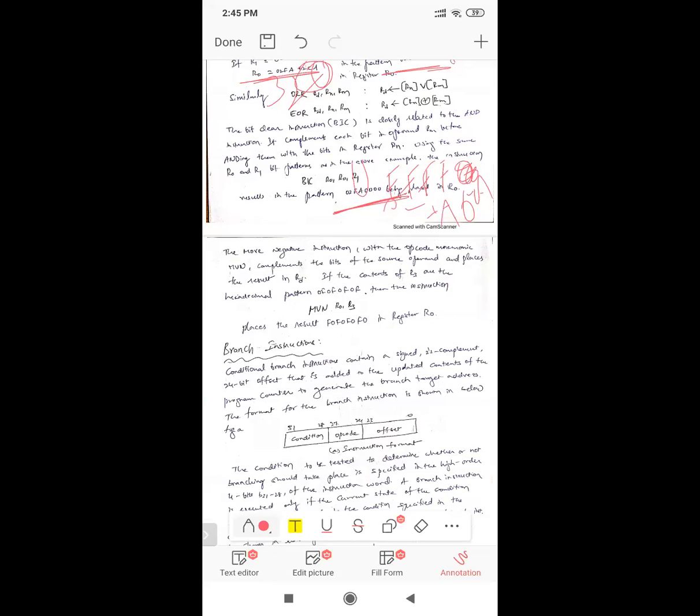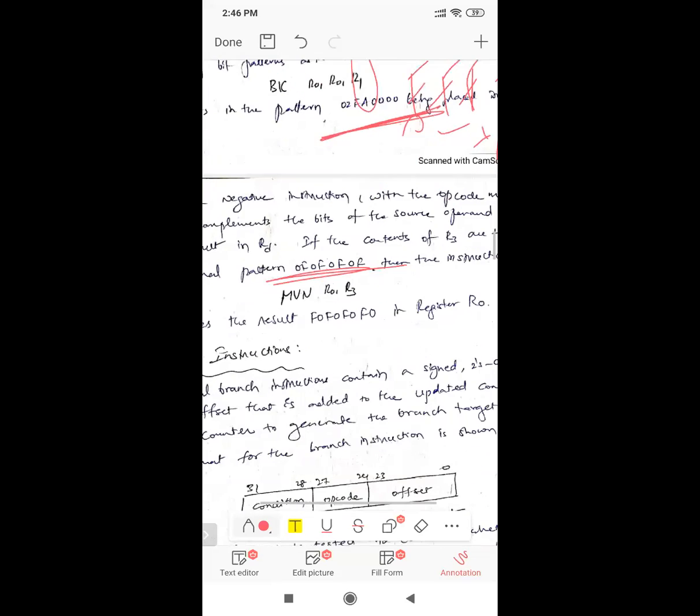Let us take the data in the R3 register as 0F 0F 0F. The move instruction just complements the data. 0 becomes F, because all zeros complemented are all ones, which is hexadecimal F. The 0 becomes F and F becomes 0. That is 0F 0F 0F becomes F0 F0 F0.